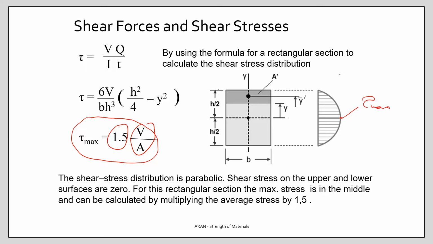In summary, the shear stress distribution is parabolic, the upper and lower surfaces are 0, and the maximum stress is in the middle. For a rectangular section this can be calculated as 1.5 times the average shear stress.